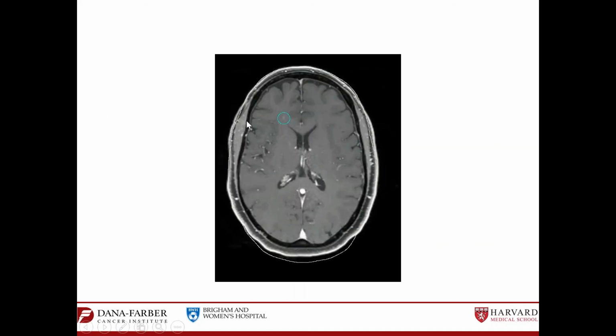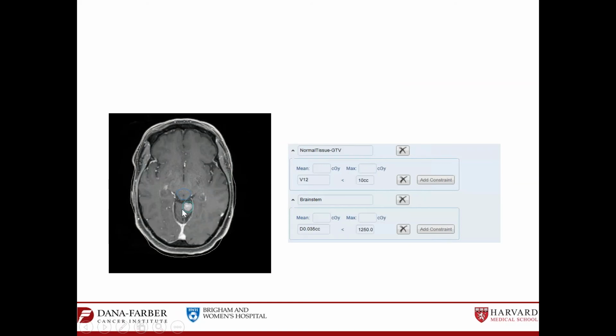The other lesion was in the right frontal, and you can see it's a barely seen lesion inside the blue circle. Why I'm discussing this case is because we could not treat it with one single isocenter for 2 lesions. First, because the brainstem metric is really hard to achieve with one isocenter in the middle between the two lesions.